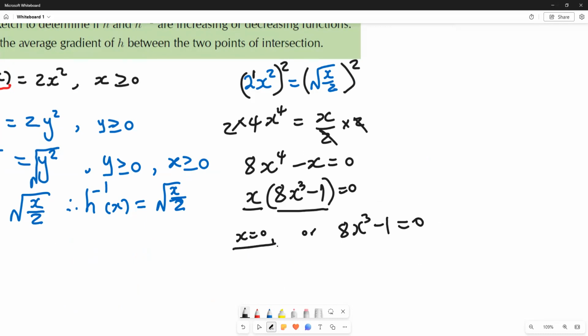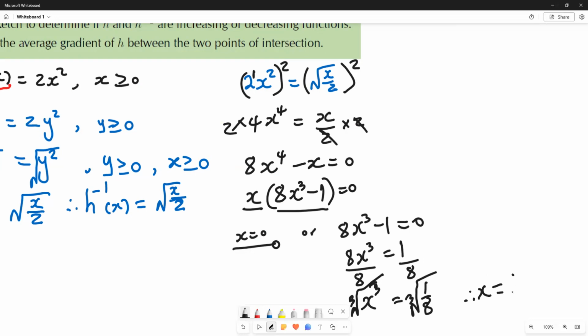Then this one, x equals 0, is the first point of intersection. For the second one, I'm going to move 1 to that side. So we have 8x cubed equals 1. Then divide by 8 on both sides. And then I have x cubed equals 1 over 8. To remove a cube, I have to cube root both sides. Therefore, x will be a half. These are the two x values where they intersect.